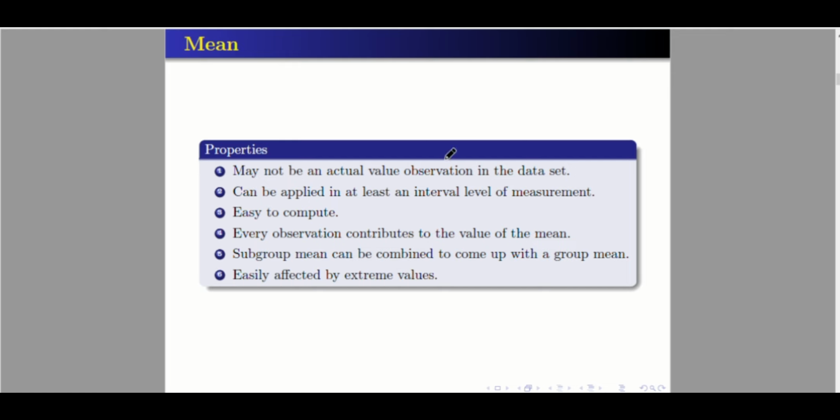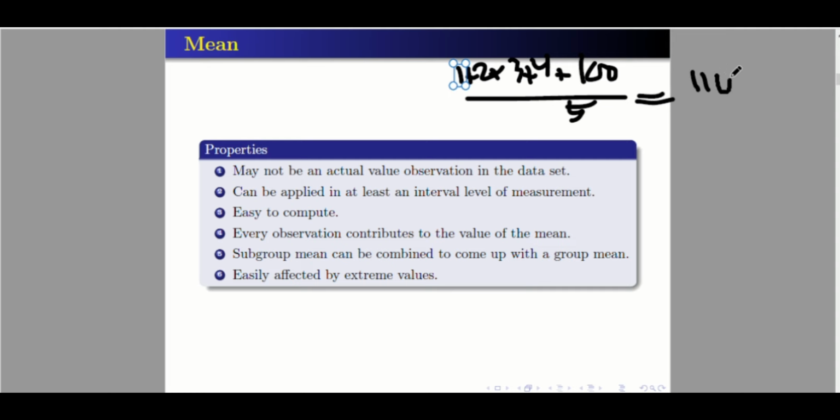And number 6, it is easily affected by extreme values. So if we have 1, 2, 3, 4, the mean, as last time, is 2.5. But if we add 100, so if we have this as our data, and now this is divided by 5, this is 110 over 5, so this is now 22.